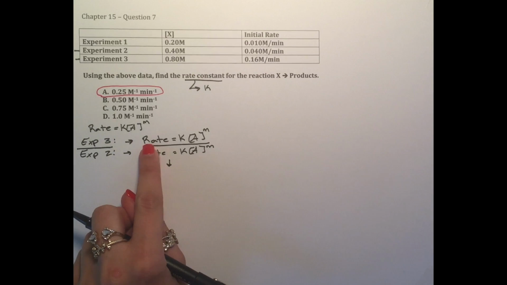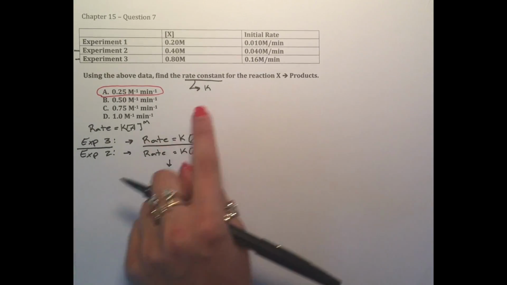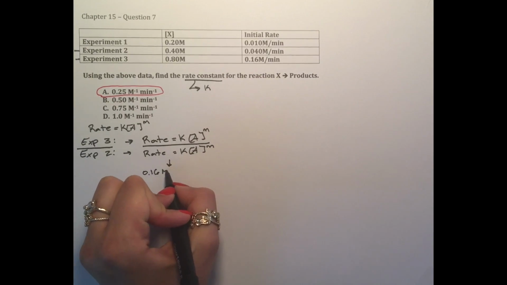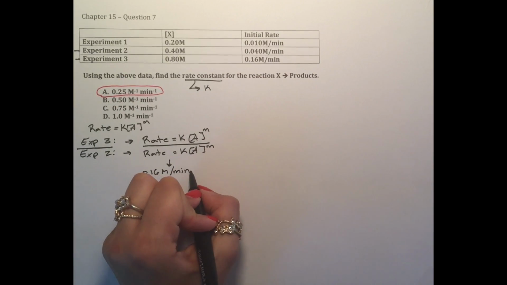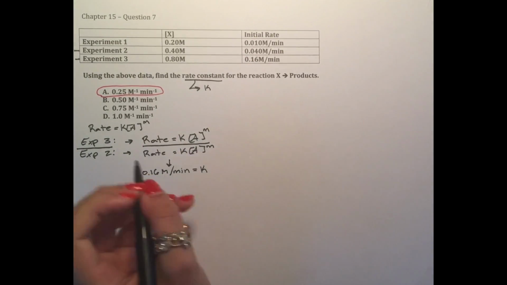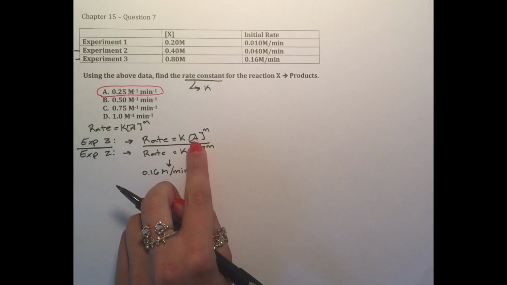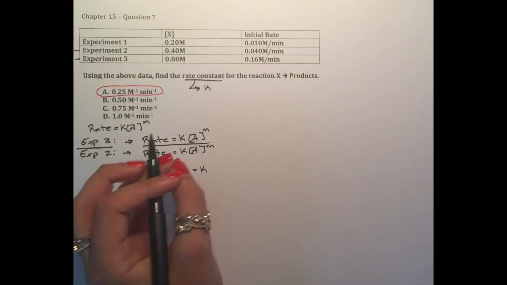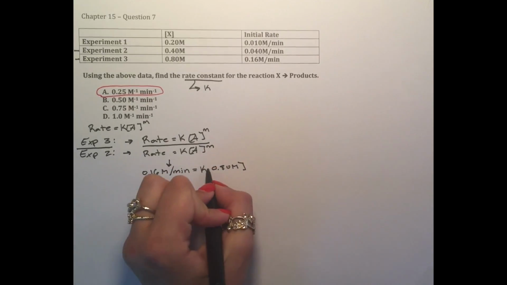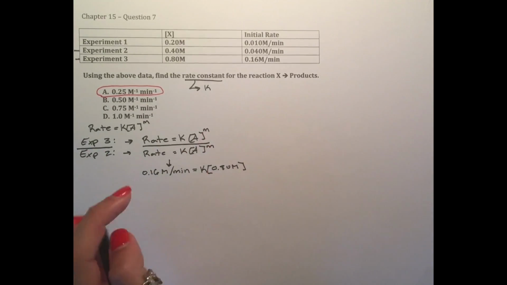Starting with experiment 3, the rate we were given, and that is 0.16 molar per minute. K we were not given. Okay, and A for 3, the concentration we were given. And M we were not given.